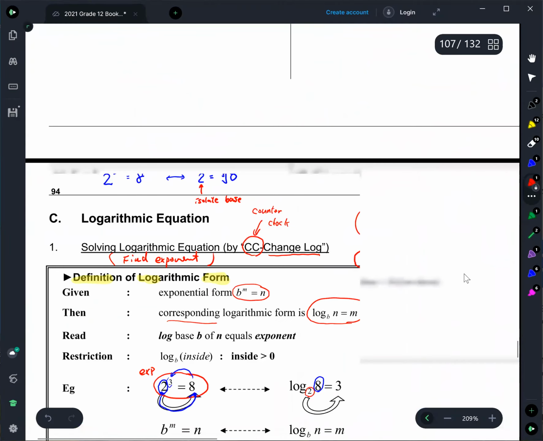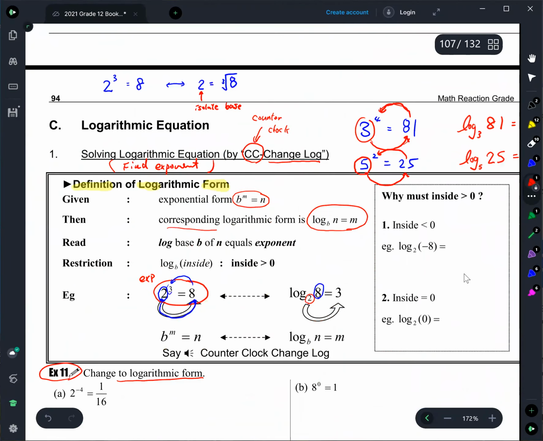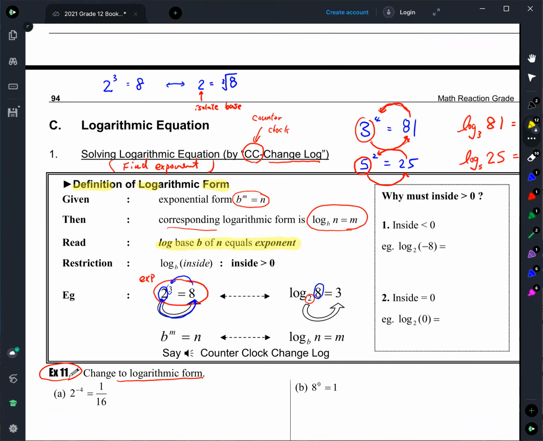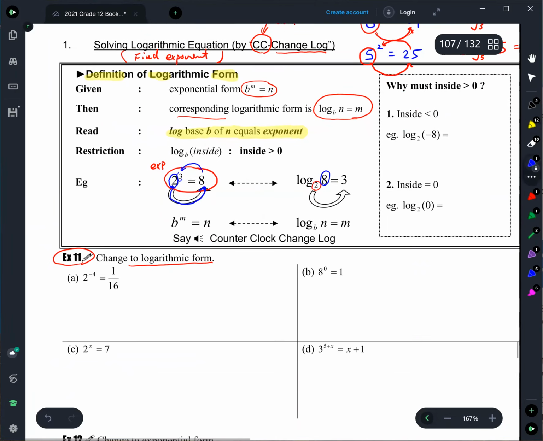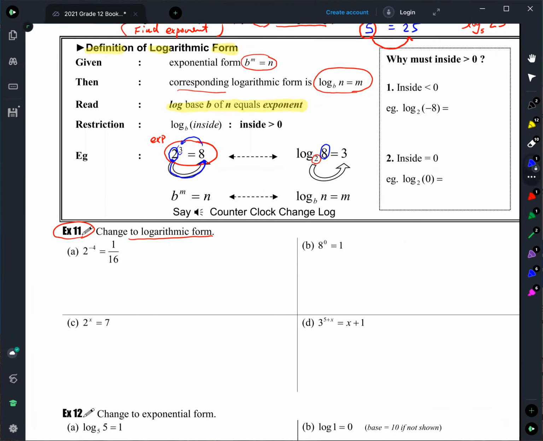Over here, I also wrote down the way you can say it: log base b of n equals the exponent. It helps you find exponents. So let's go over these 4 examples.